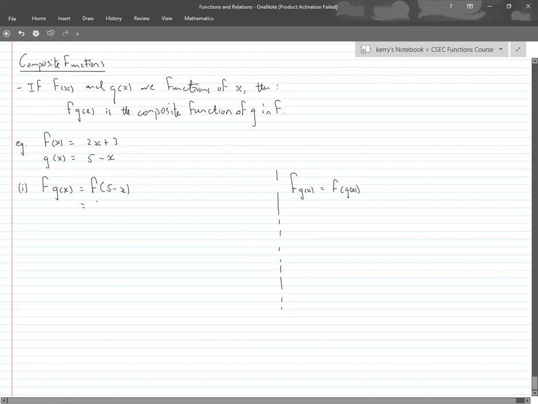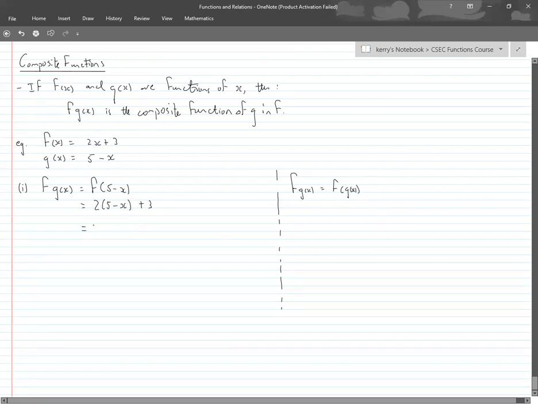So what we get is 2 into 5 minus x plus 3. Because remember, f of x was 2x plus 3, so f of the input is 2 by the input plus 3. But the input of f here is 5 minus x, so you are inputting 5 minus x into f.